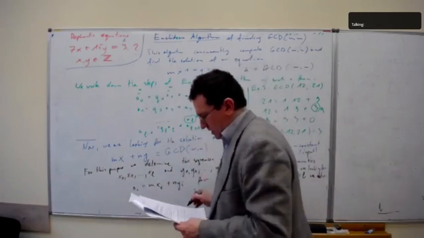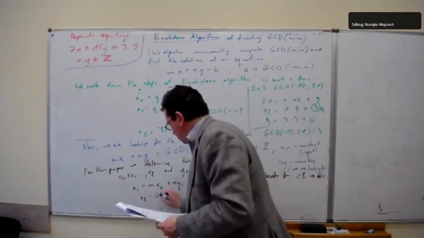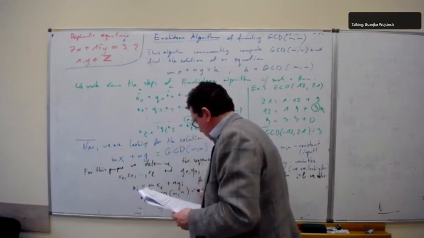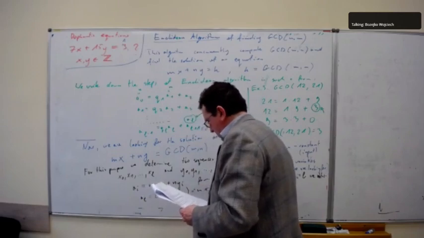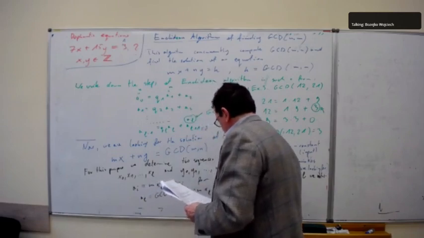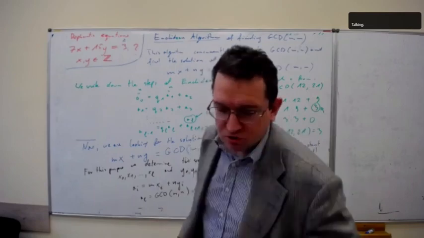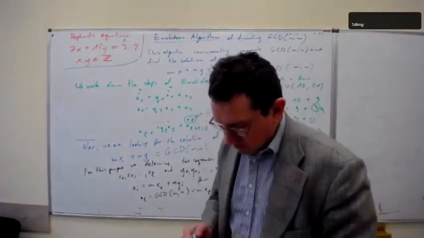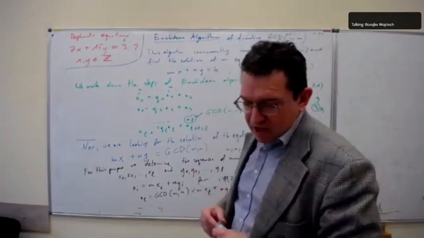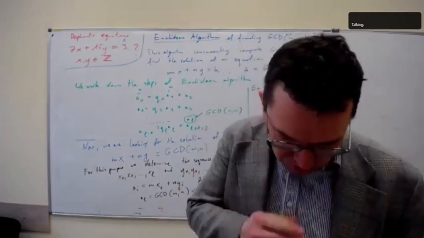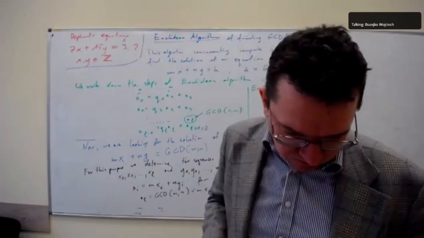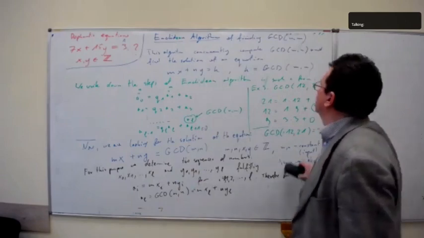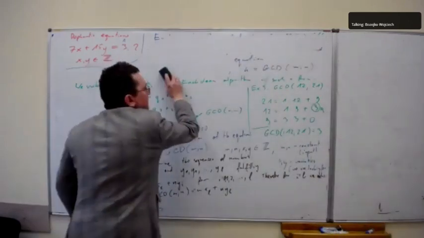This equals the greatest common divisor of m and n, and this will be m times xl plus n times yl. Maybe I will show it on an example, because on such abstract values it looks quite strange, but for numbers it will be much easier. Let us take this example.